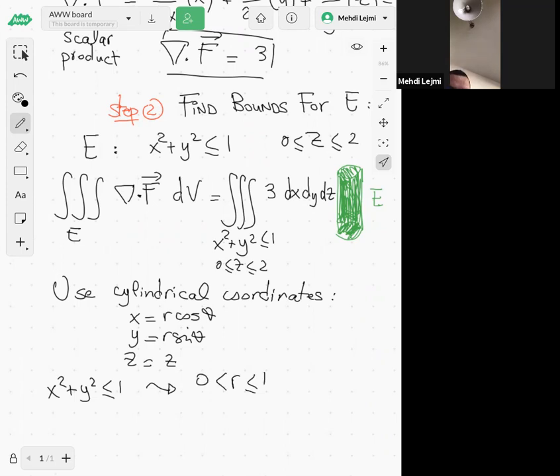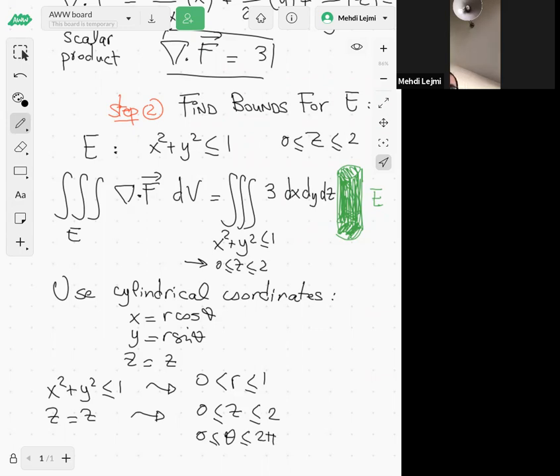Then z is between 0 and 2, as we said here. The angle theta, because we're taking the whole circle, is going to be between 0 and 2 pi.